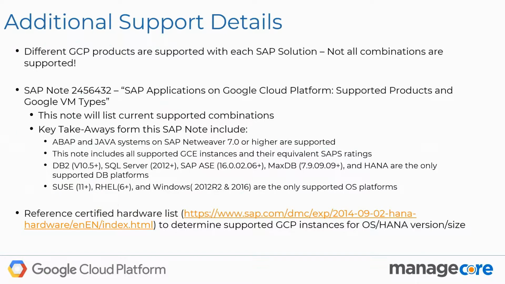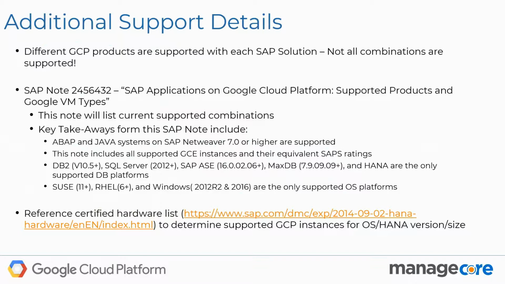Now, digging a little further into this, please understand that only certain GCP products are supported, in addition to certain SAP products being supported within GCP. So not all combinations can be deployed. Starting with the SAP note titled SAP Applications on Google Cloud Platform Supported Products and Google VM Types.